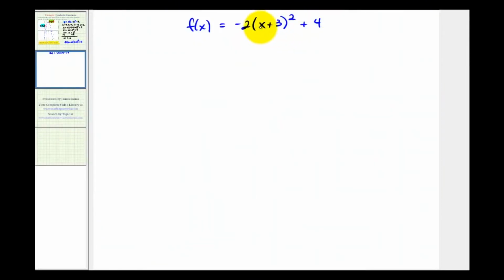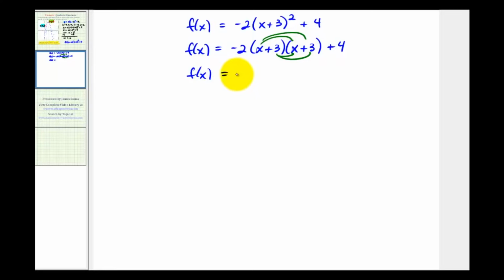So we'll start by squaring the quantity x plus 3. Remember, there are no shortcuts. We'll have to write that out as 2 factors and then multiply the 2 binomials. So we'll have 4 products, 1, 2, 3, and 4. So I have -2 times this product, which will be x squared.